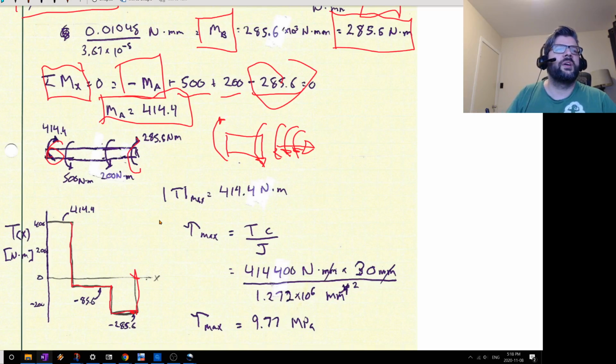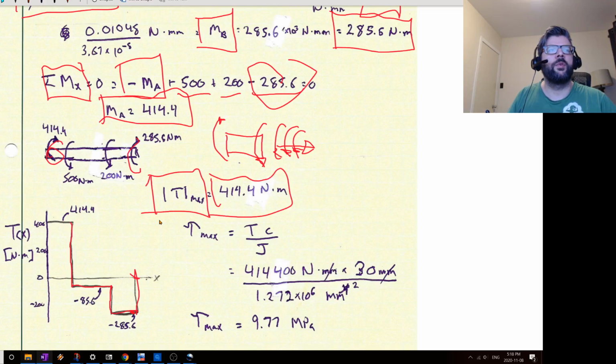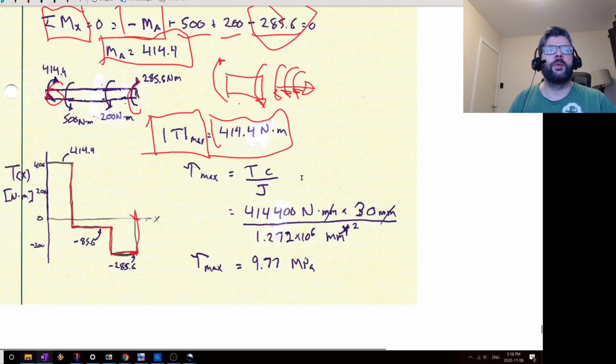So, the absolute value of our torque is going to be 414.4 Newton meters. Based upon that, the largest absolute value of our torque is that.